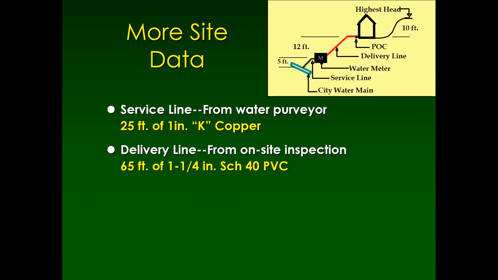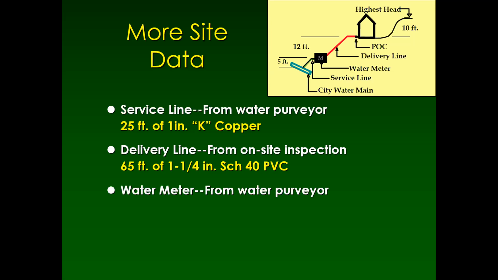So on the first line, number 5, you're going to write the length, which should be 25 feet. Size is 1 inch, and the type of pipe is type K copper. Same thing with our delivery line: 65 feet for our length, 1.25 inch for our size, and the type is going to be Schedule 40 PVC.